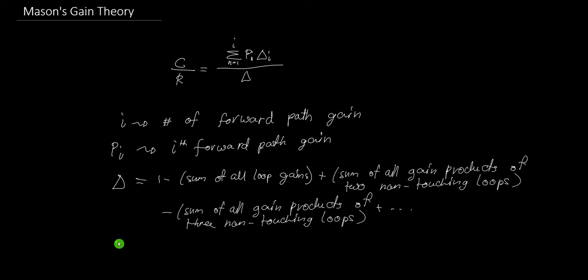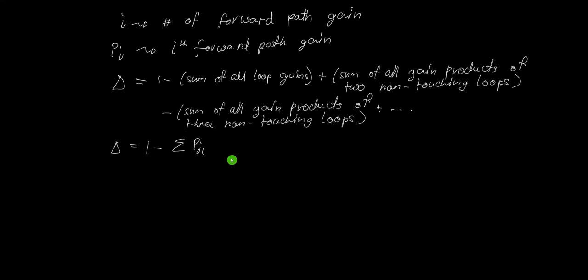In general, in mathematical form, we write this as 1 minus the summation of all P_j1. This 1 means it's the sum of all loop gains, and j is the number of loops in the signal flow graph. So this is P_j1.